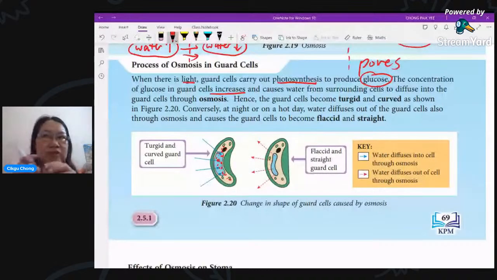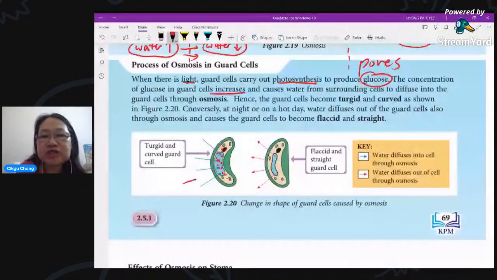Compared to the outside, the neighboring cell will have more water and it's not so concentrated. So water actually moves in because of osmosis. The water from the surrounding cell next to the guard cell will move into the guard cell through the process of osmosis. So the cell now becomes full of water, pumped up inside here.